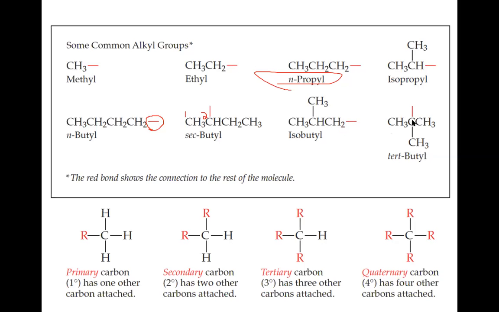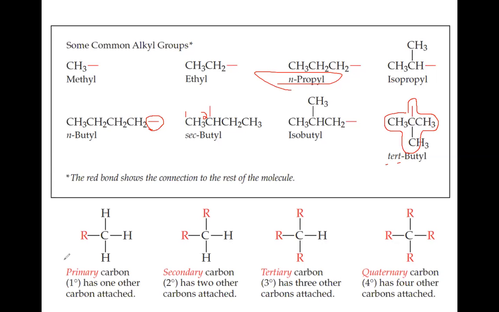And then tert-butyl is where it's attaching to this carbon here and has this kind of structure. The way that I always like to remember tert-butyl is that if you look at this, it kind of makes a T shape, and tert has 2 T's. I don't know, that's how I always keep track. So these are the different positions or the different carbons that can attach to another molecule for these different alkyl groups.